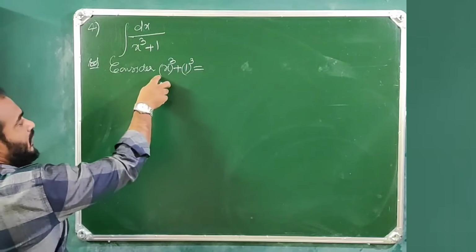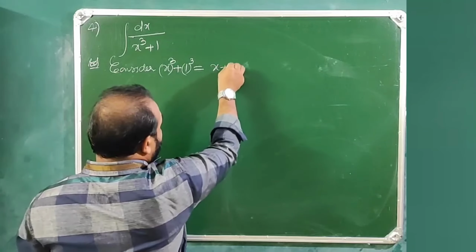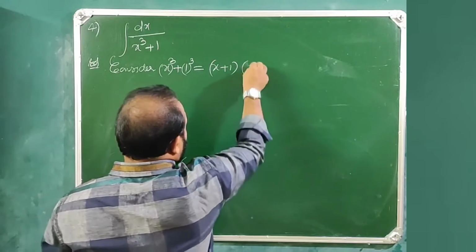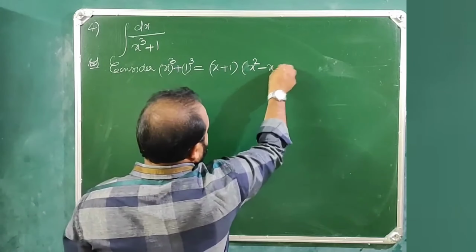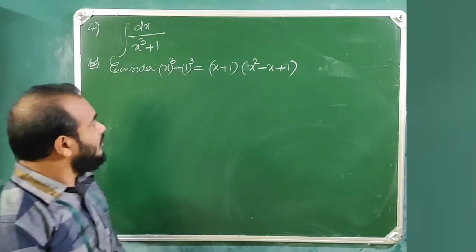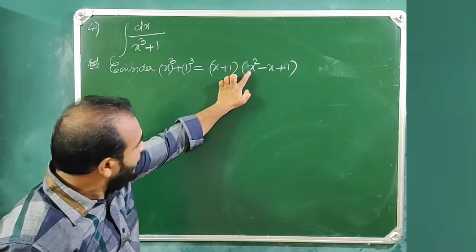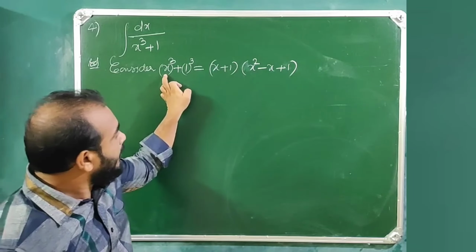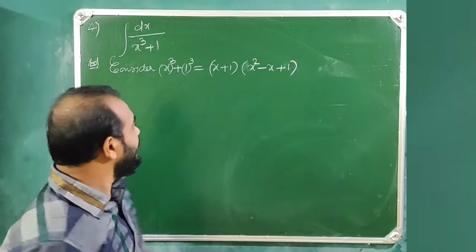So this is of the form a³ + b³. What is a³ + b³? It is (a + b)(a² − ab + b²). So a³ + b³ = (a + b)(a² − ab + b²), where here a is x and b is 1, so b² is 1².